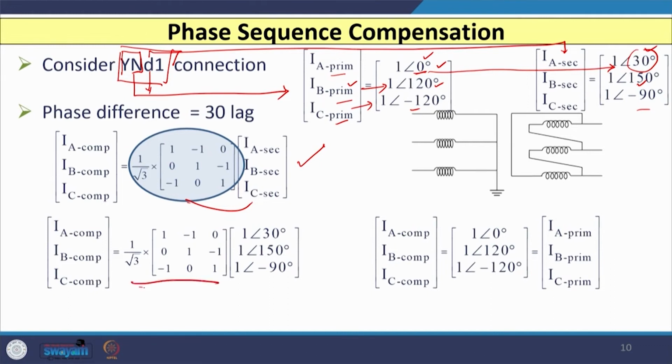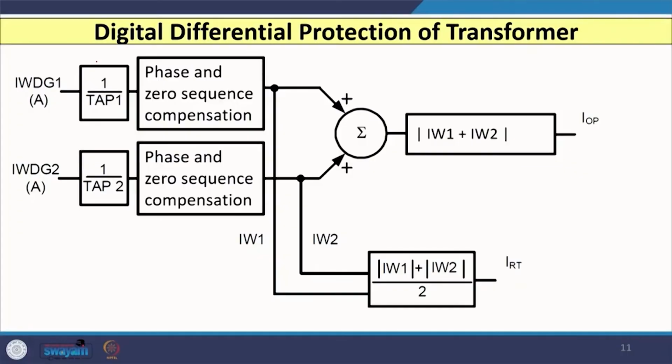So, this matrix I have multiplied with the values IA secondary, IB secondary and IC secondary, and when you solve this, the value should be exactly the same as your IA primary, IB primary and IC primary, that is 1 angle 0, 1 angle 120 and 1 angle minus 120. So, your compensated value of the 3 phase currents in A, B and C phase is the same as your original value which you want.